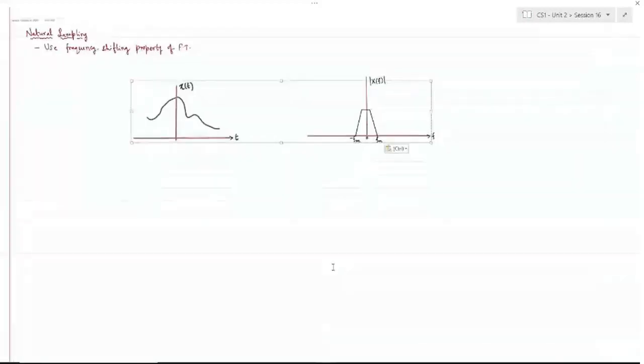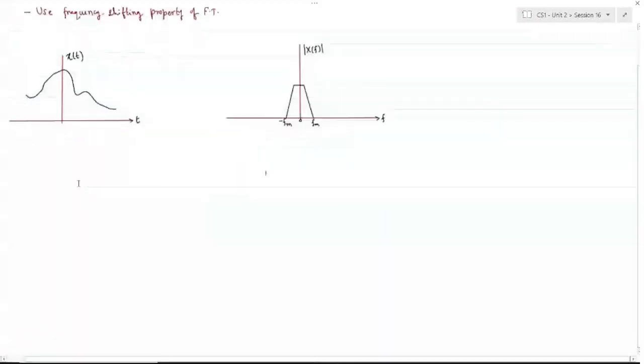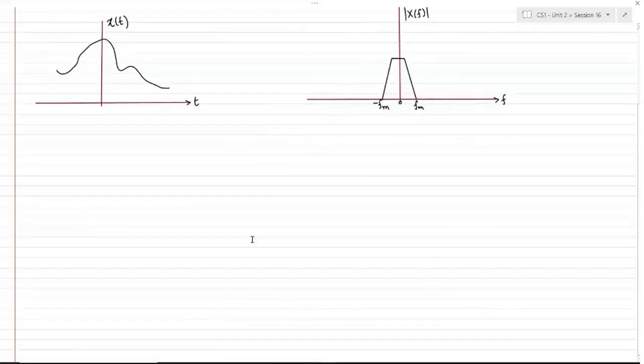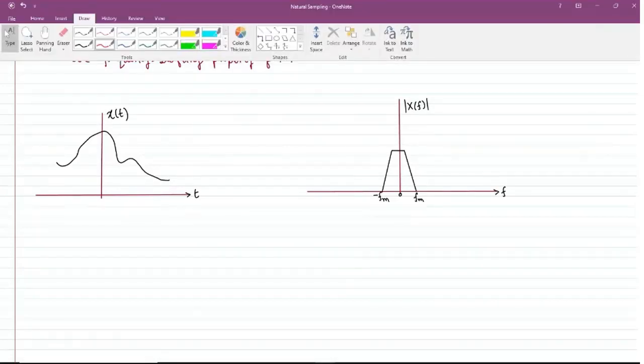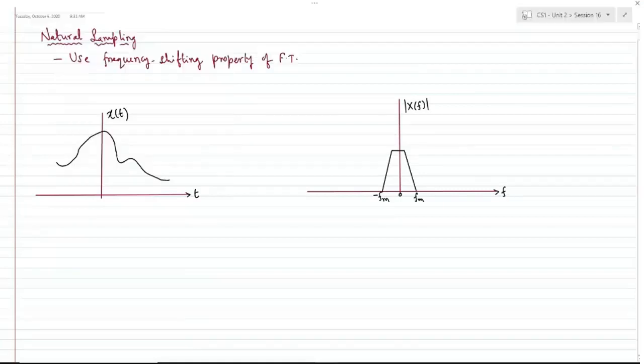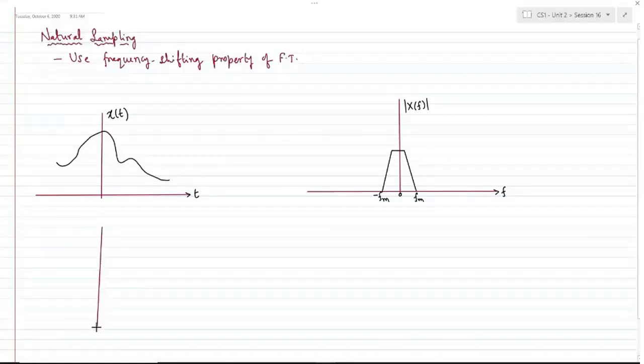I have picked the same information bearing signal, but instead of an impulse train, now I will take pulses.